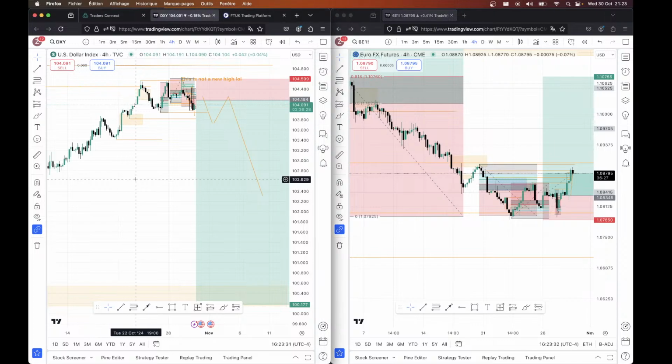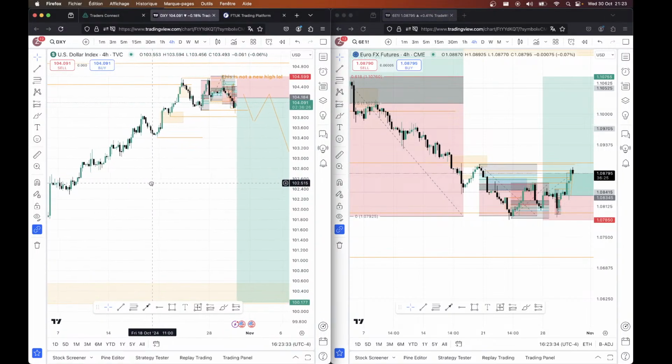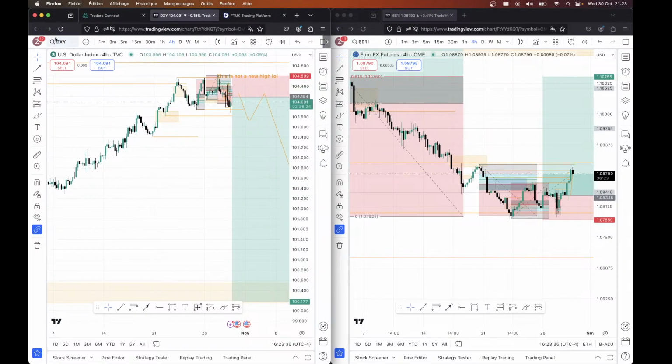As a reminder, why I'm looking at both of these charts. You have the dollar index, and you have here the futures corresponding to euro.